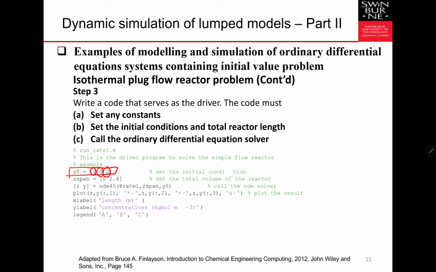And then we want to check the profile from the inlet to the outlet at 2.4 meters from the inlet. Then we use the MATLAB toolbox ODE45. We call the function, we give the range of the calculations, and then we specify the initial conditions, and then we plot the values of the 3 concentrations, and then put the label and the legend in here.